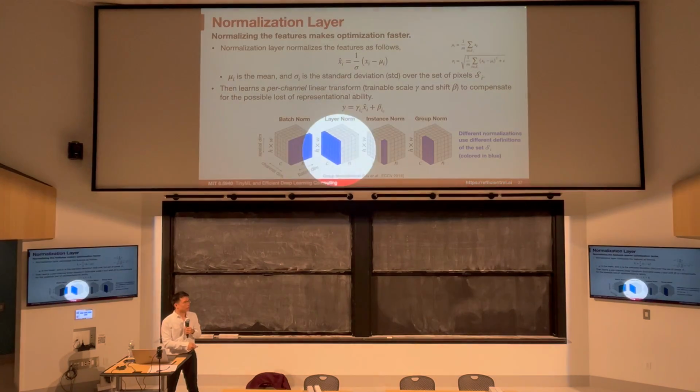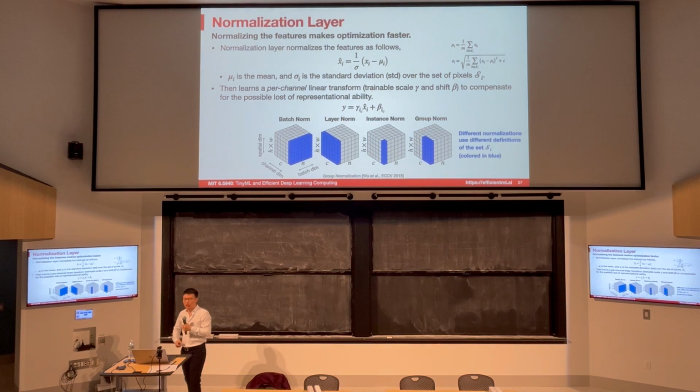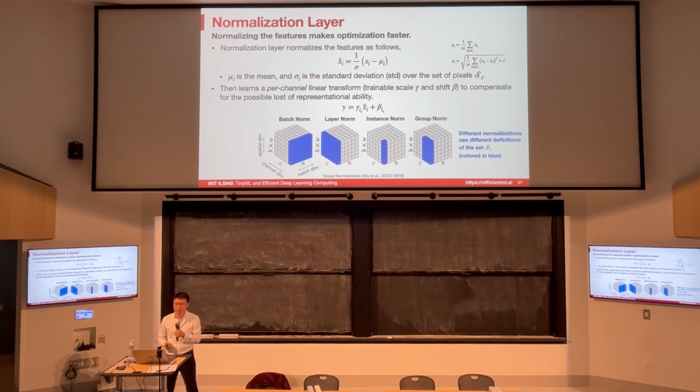The second one is quite widely used in the attention mechanism. For each input, across different H, W and C, where C is the channel dimension, we make sure it's normalized. So for each token in the attention mechanism, after each token is normalized, the attention map makes sense.